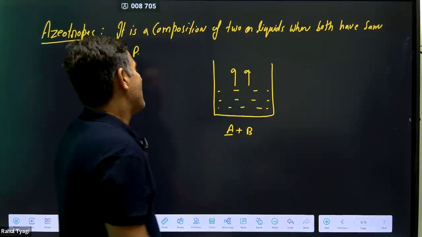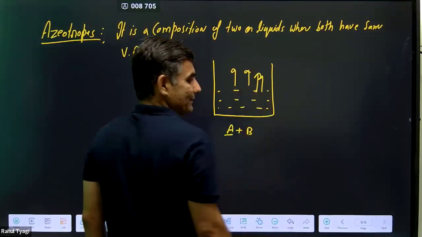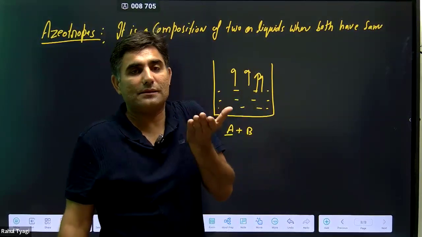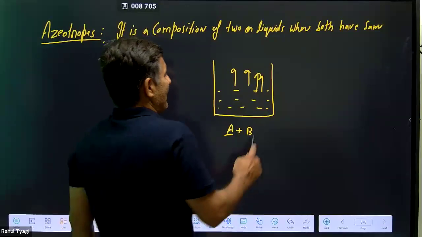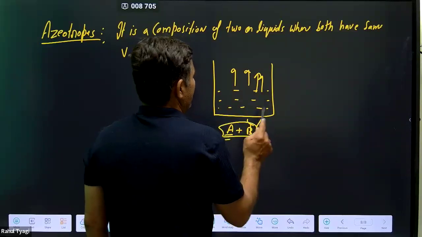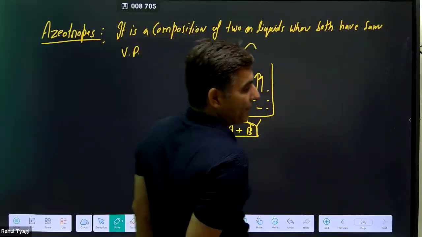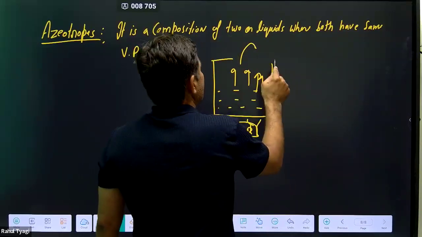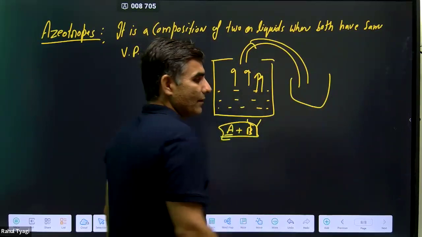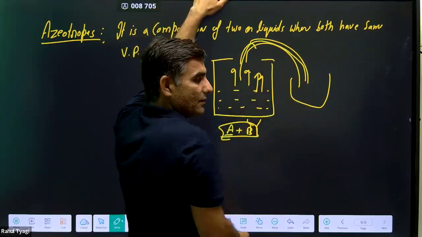Again, suppose both give off the same vapors from here. If both liberate the same vapors, then if I heat this and think that I can separate A from B because the vapor of A will be more and vapor of B will be less, and then I will collect this vapor here, it will not happen, because both vapors are liberating in the same amount.